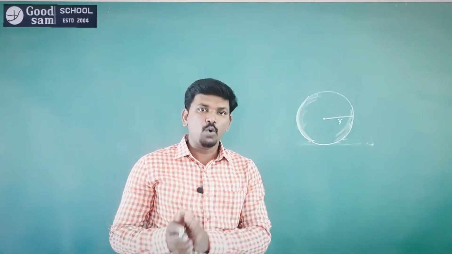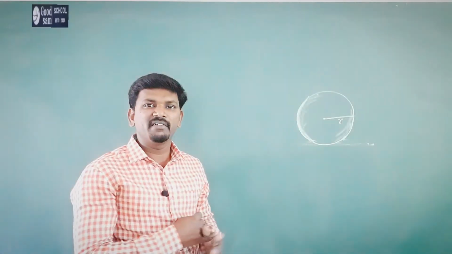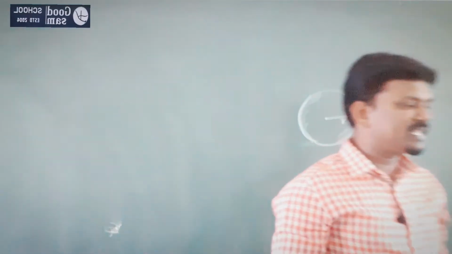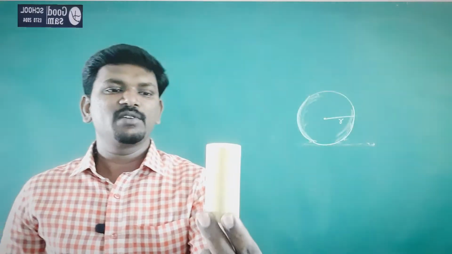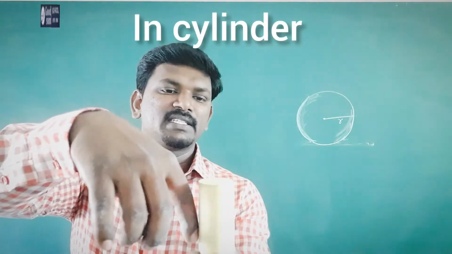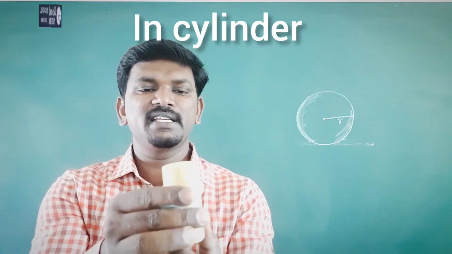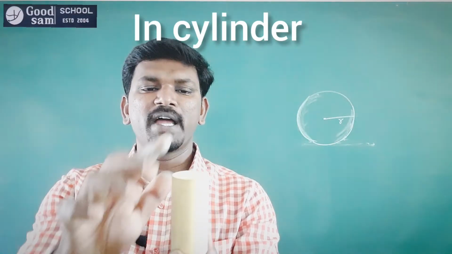For the cylinder and cone, when we come to surface area, we have discussed two things: the curved surface area and the total surface area. Here you can see a cylinder. This area is the curved surface area, only the surface area surrounded except the bottom and top.